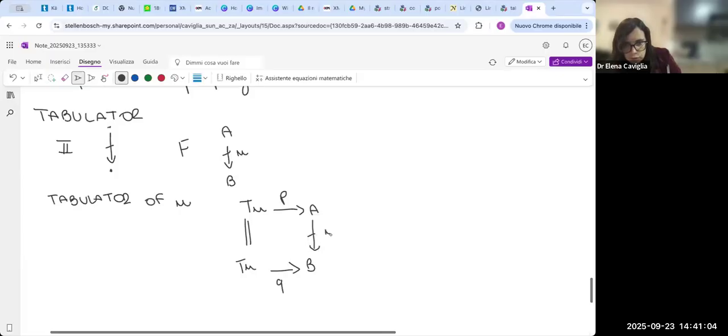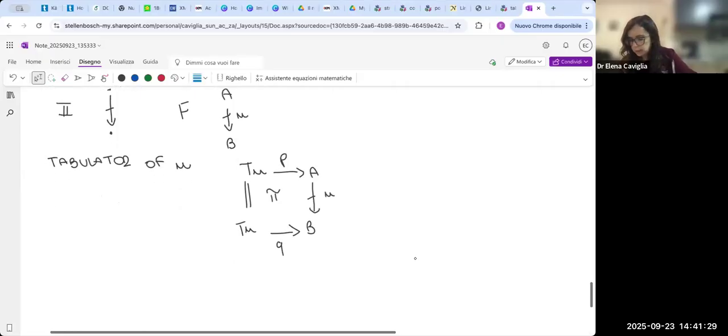So here we have U, here we have the vertical identity of TU, and we have a double cell pi of this form. So the tabulator of U is given by the object TU together with the two arrows P and Q and this double cell here, pi.